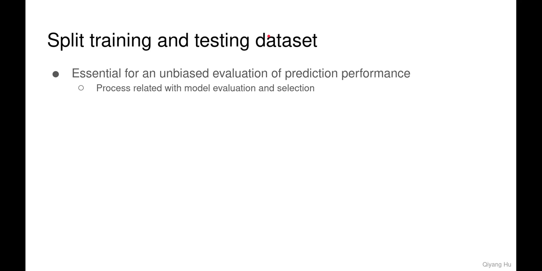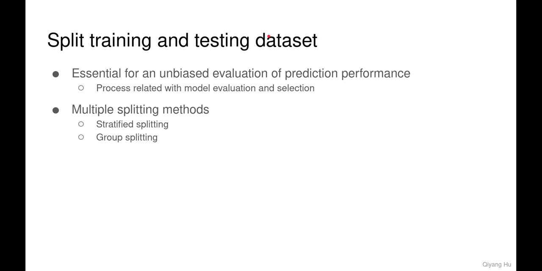Actually, splitting the data is not a simple task, because depending on the dataset, different splitting techniques have to be applied. The most common one might be stratified splitting, which means that we split the data according to its class labels.